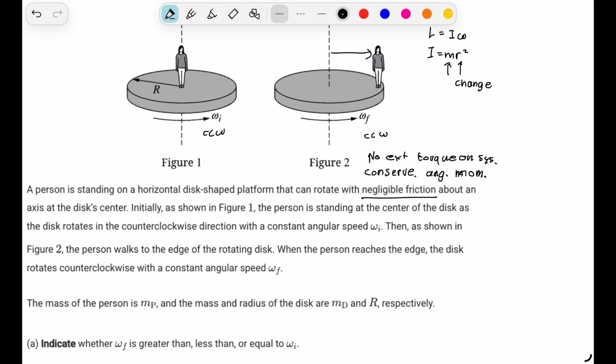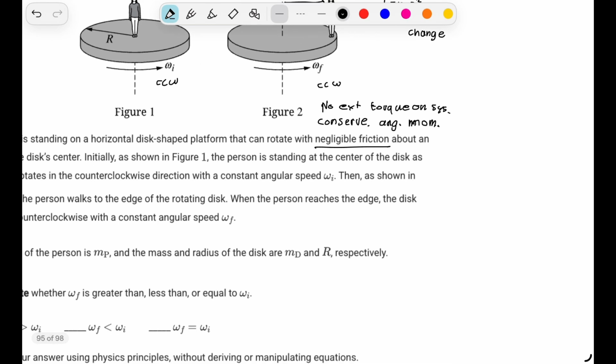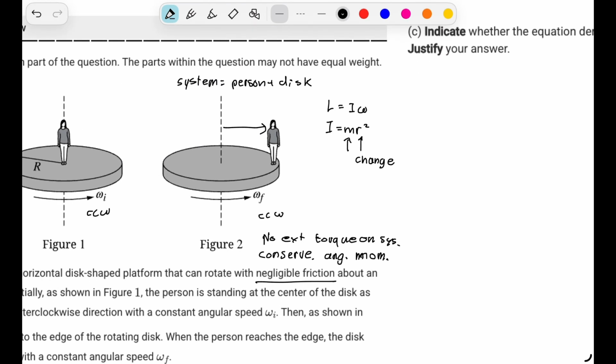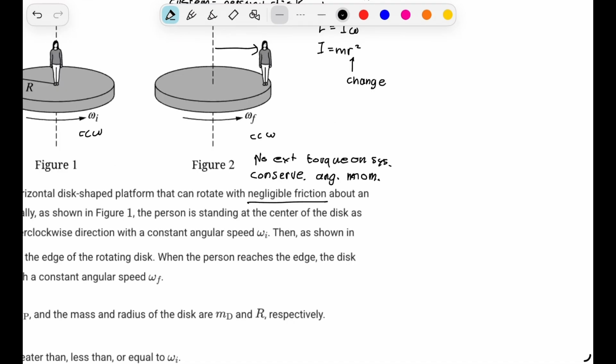So since the angular momentum in our system is going to stay constant, we know that I times omega is going to consist of the same angular momentum.